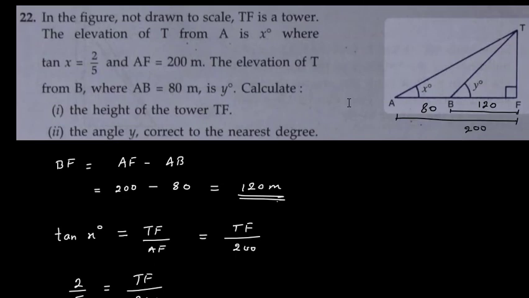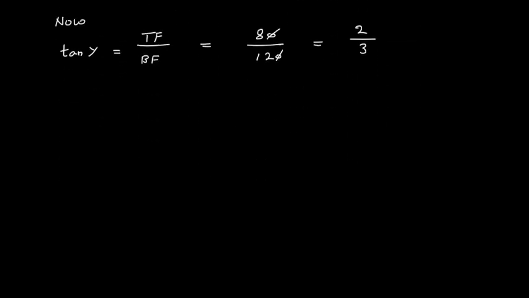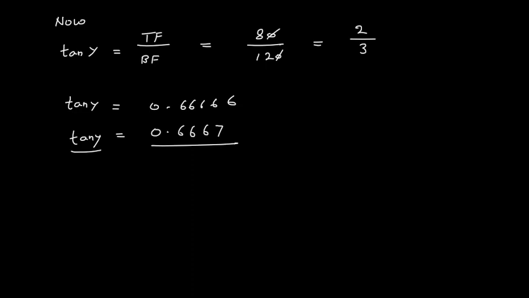So the height of the tower we have calculated, and the angle y is to be corrected to the nearest degree. Now tan y is 2 divided by 3, which is 0.6666, and there is one more 6, so I will say this is 0.6667, because in the chart we get four digits after the decimal.